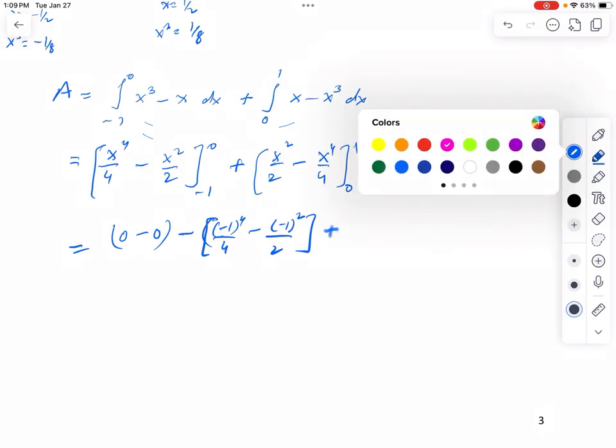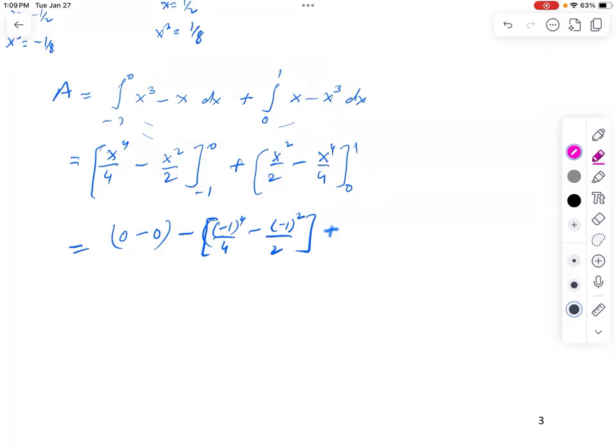Plus, now I will be putting the bounds in this one. These were the bounds for the first one. So 1 square over 2 minus 1 to the 4 over 4 minus 0 minus 0.